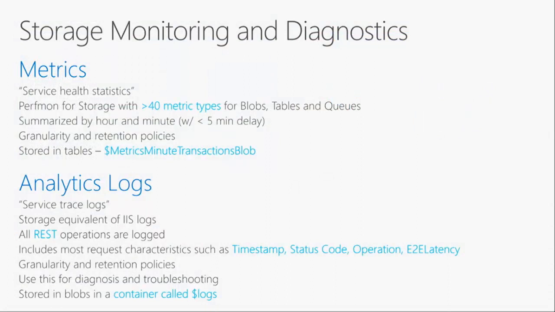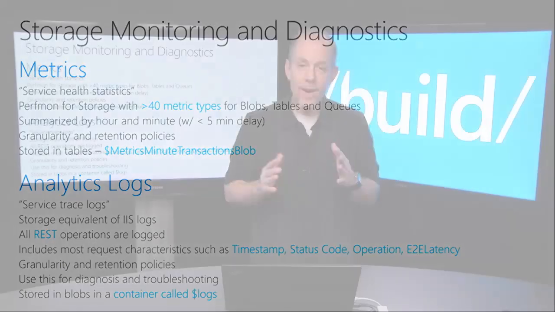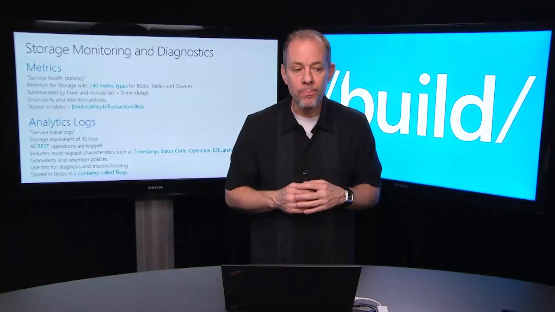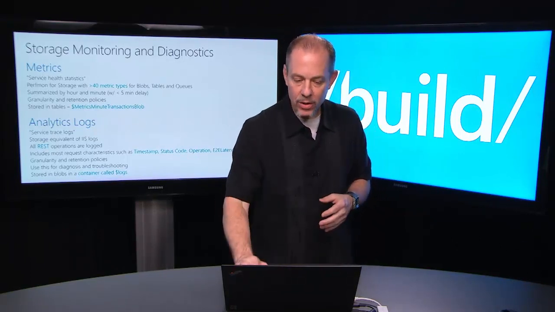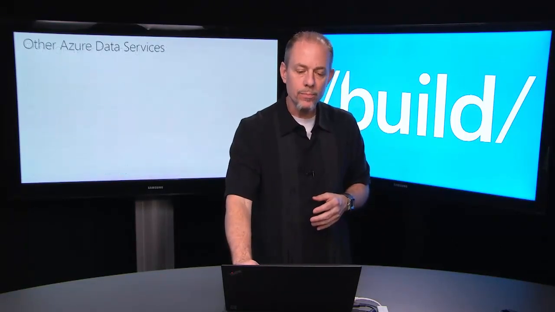What's great about this particular feature is using a correlation ID that's shared by all of these log services, you can actually stitch together all of the sources to give you an end-to-end point-in-time look at what's going on in your service in a chronological order. So very powerful for troubleshooting and diagnosing problems in your environment.